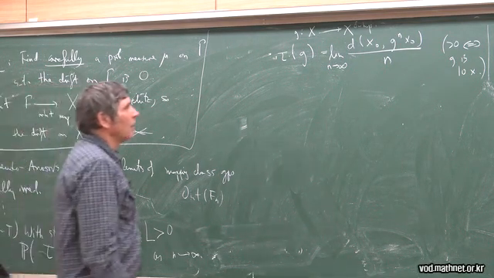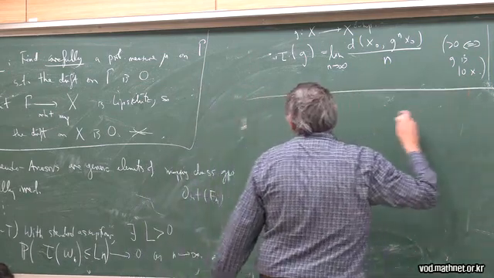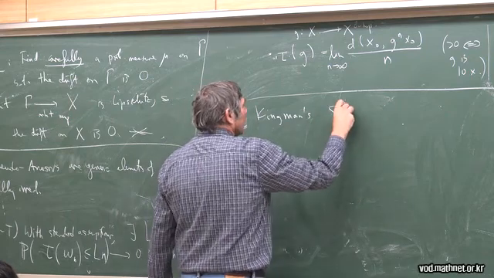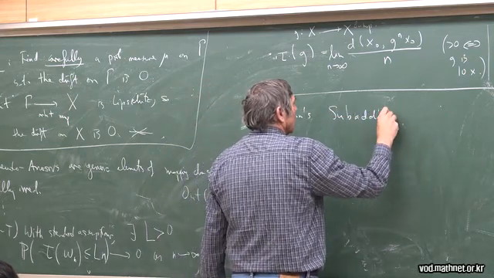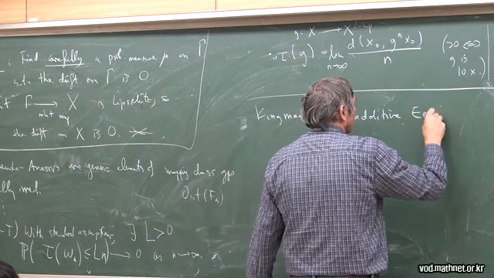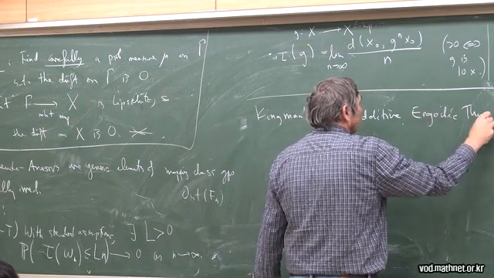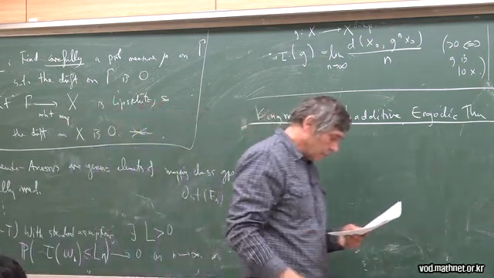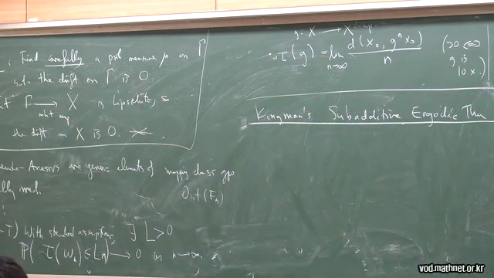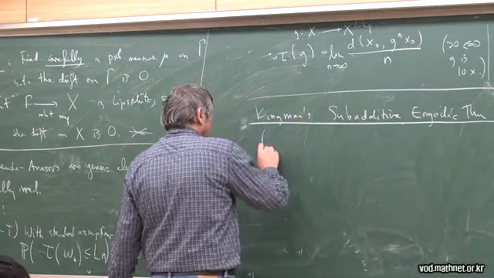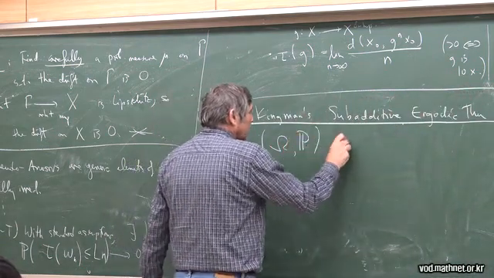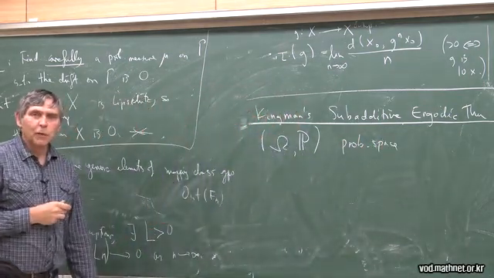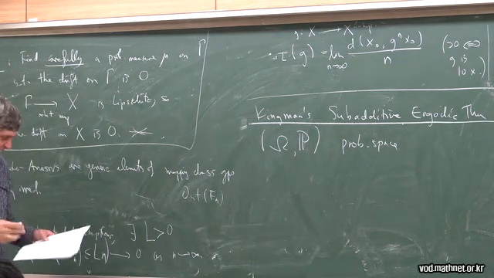Okay, so this is called Kingman's subadditive ergodic theorem. It's like this. So you have (Omega, P), a probability space, and you can guess what we're going to apply it to from the notation probably.